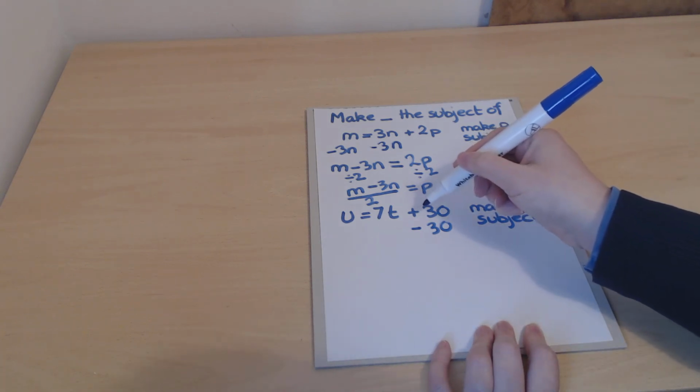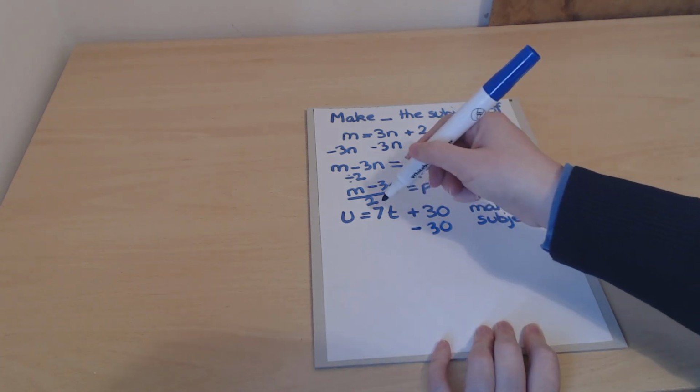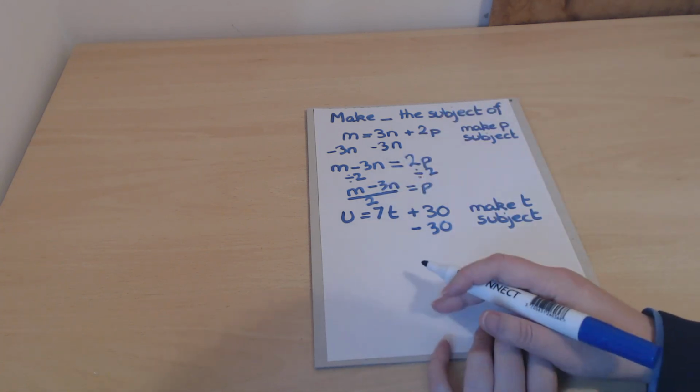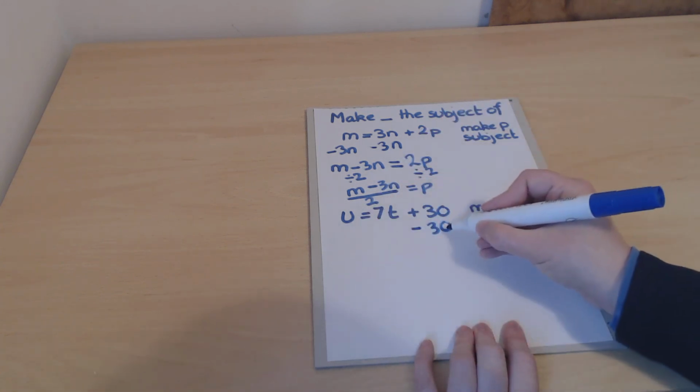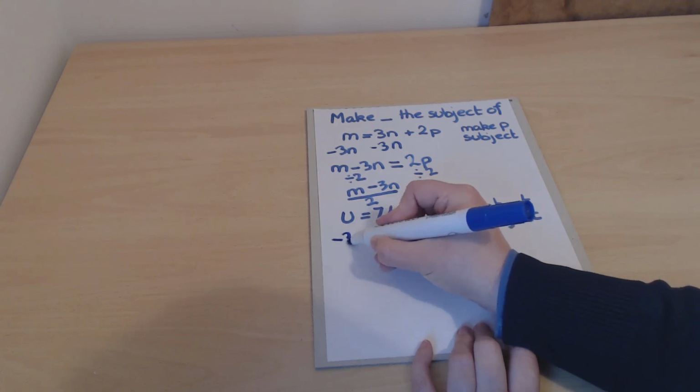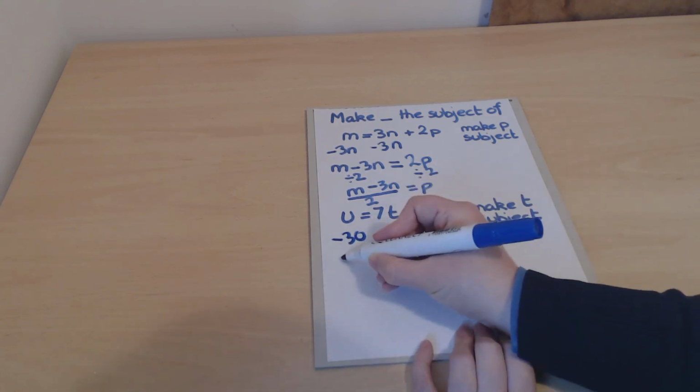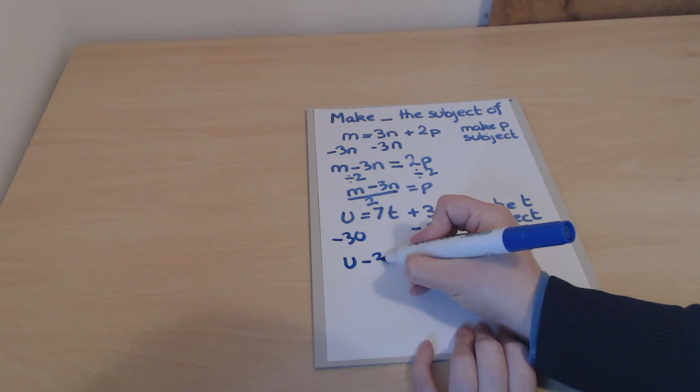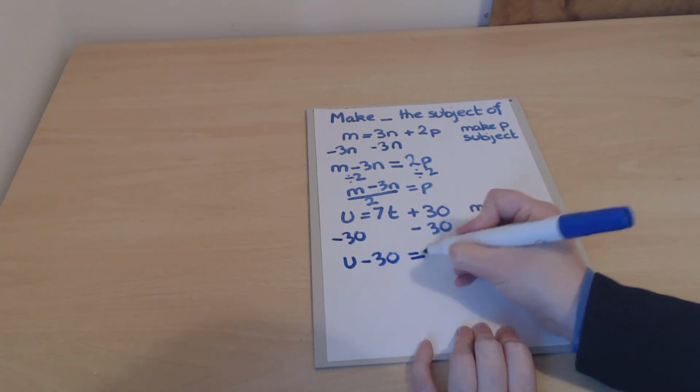It's quicker and easier to let go of hands than it is to get the rucksack off your back. Okay, so if we do minus 30 here, we must do it there. So that means we've now got u minus 30 equals 7t.